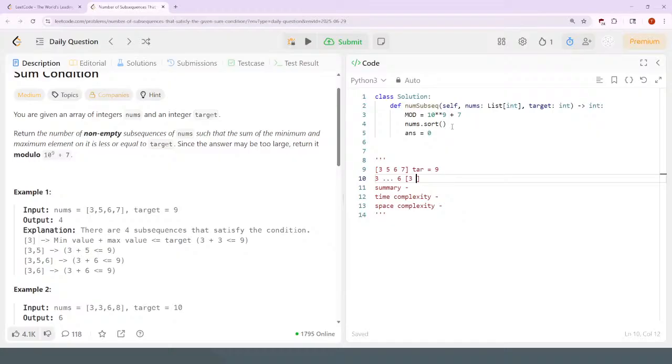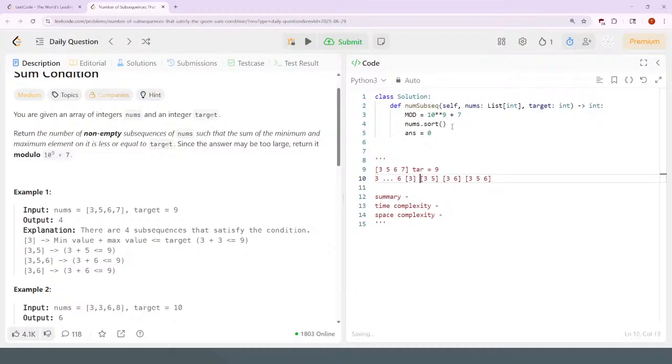So it could be the 3 and the 5, it could be 3, 5, 6, or 3 and the 6. Or it could be 3 itself, right?